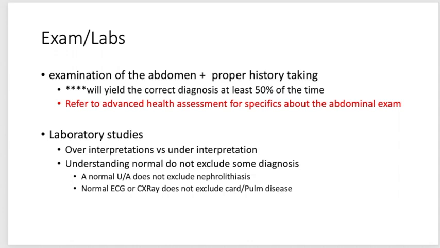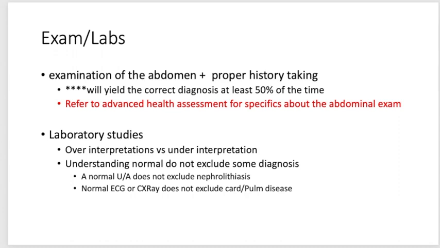Understanding that normal will not exclude some diagnoses is very important. An example of this would be that a normal urinalysis does not exclude nephrolithiasis. Just because you don't have blood does not mean that you don't have a kidney stone. And a normal ECG or chest x-ray does not exclude pulmonary or cardiac disease as a potential etiology.